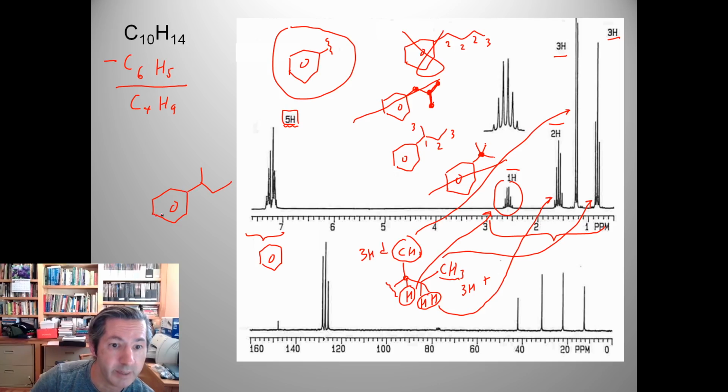So if we look at our carbon NMR, we've got 1, 2, 3, 4 types of carbon. And that's actually what we see over here, 4 types. We can't really assign who goes where over here, because these are all very similar.